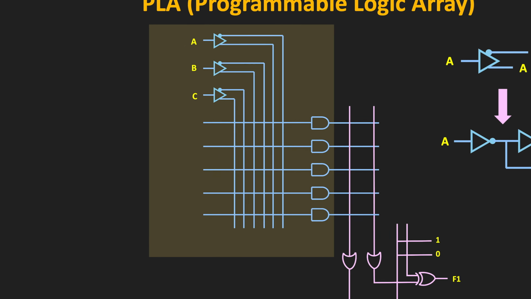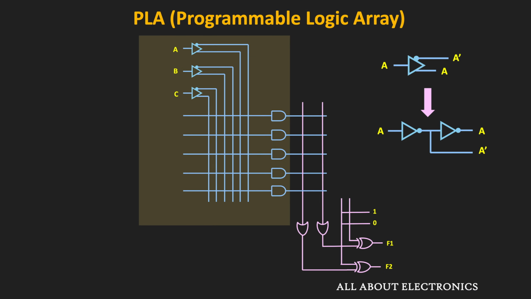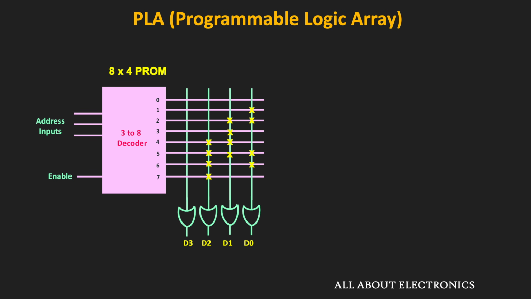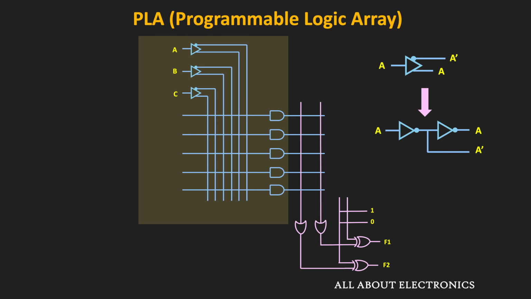As you can see over here, in this specific PLA, we have a total of 5 AND gates. That means here, we can generate a total of 5 product terms. If you compare it with the 3 input PROM, it consists of a 3 to 8 decoder, and as you know, in this 3 to 8 decoder, we have a total of 8 AND gates. So compared to that, for the same number of inputs, the PLA has fewer AND gates.